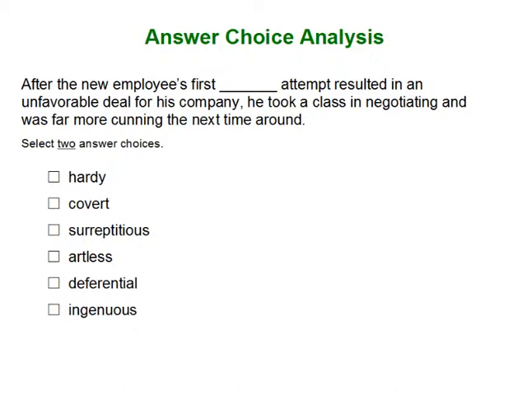Now, this brings us to answer choice analysis, because if we know that there must be two answers that are correct, and those two answers must be synonyms or nearly synonyms, sometimes without having a good fill-in or having a poor analysis of the sentence, just by looking at the choices, we can decipher the correct answer. So take a moment and consider this one.